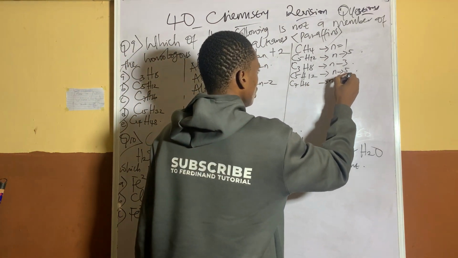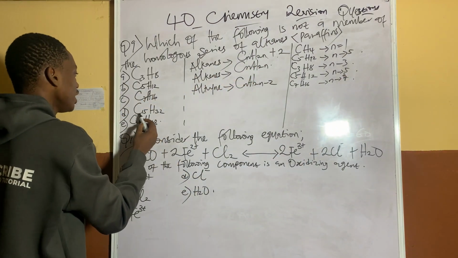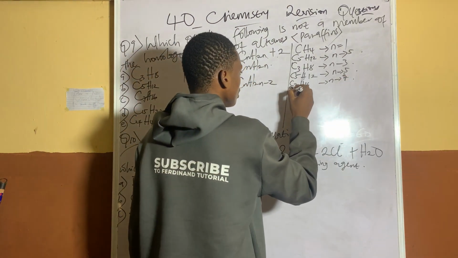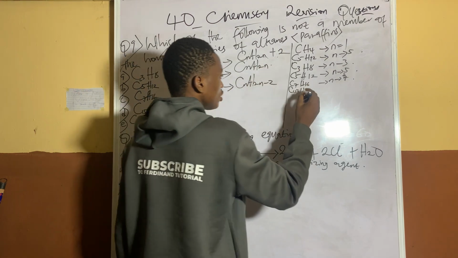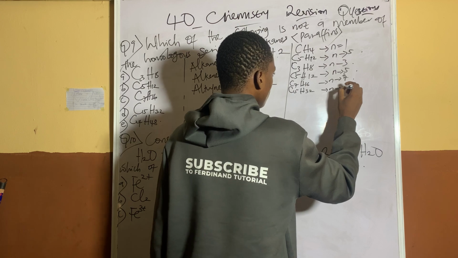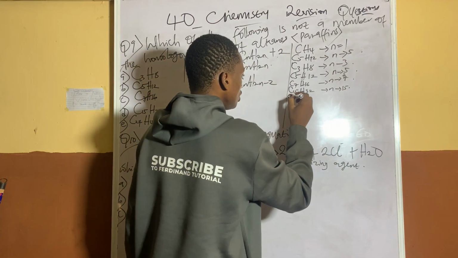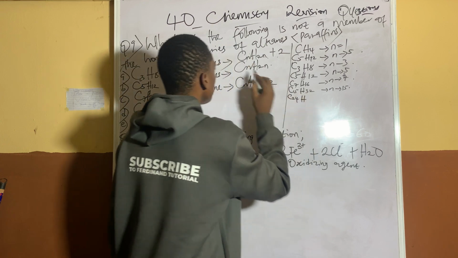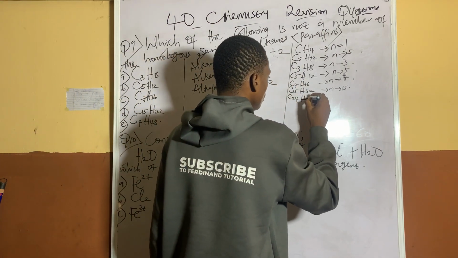When n is 7. Now when n is 15, we say C15H: 15 times 2 is 30, plus 2, 32. C15H32 when n is 15. So this is correct. When n is 24, we say C24H: 24 times 2 will be 48, plus 2, 50.